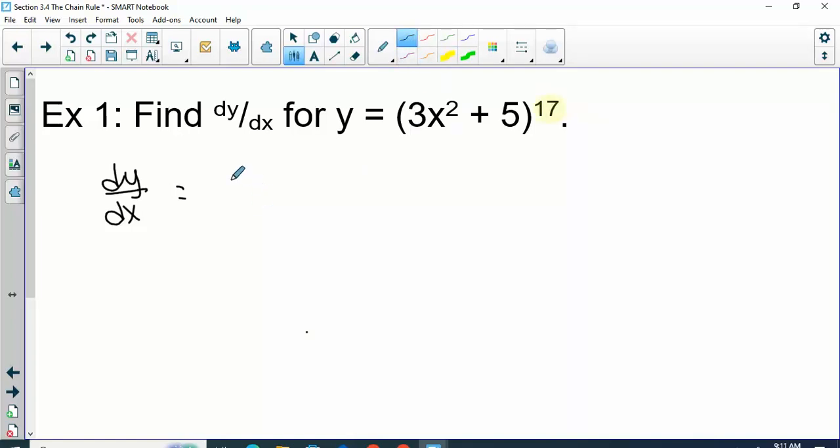So derivative of the outside. So the 17 comes down. The inside doesn't change. Subtract 1 from the power. And then we multiply it with the derivative of the inside. What's the derivative of the inside? So 17 times 6x.